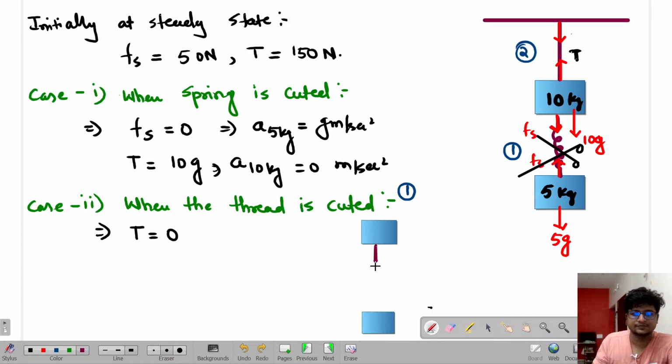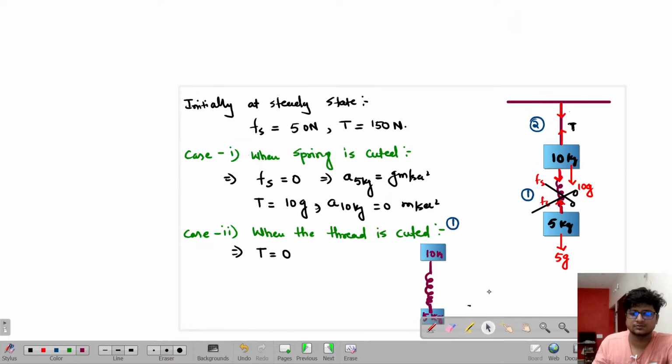Now see this. As this tension has become 0, got it or not? This is 10 kg. This is 5 kg. And if I draw the FBD of it, simple idea is there.